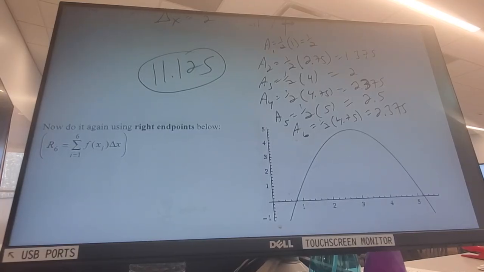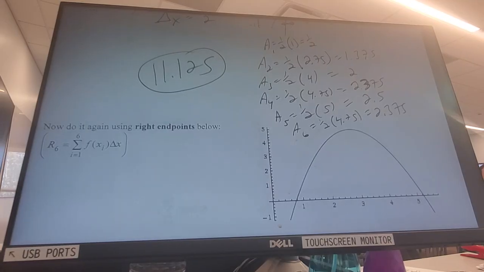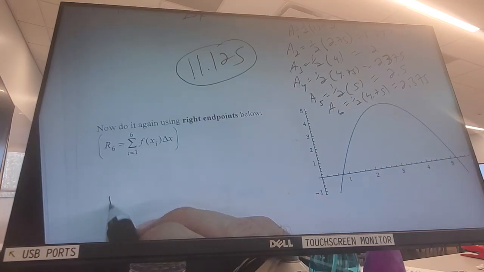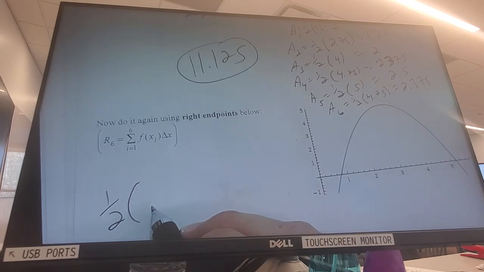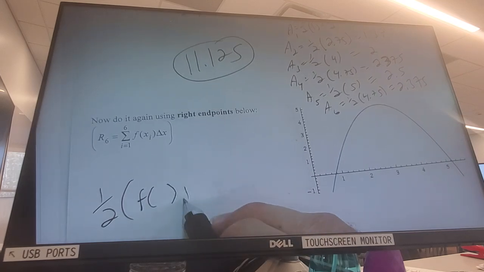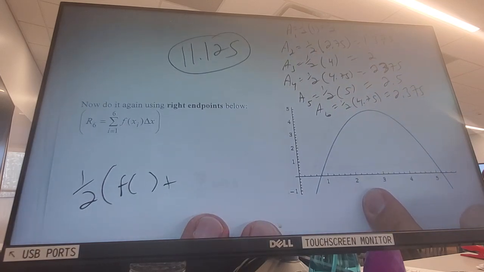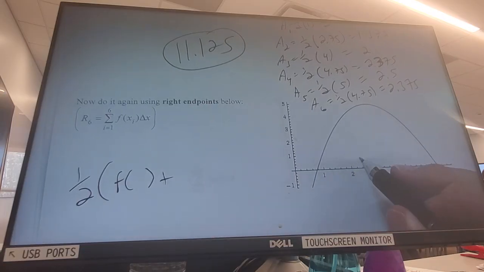Okay. Now, here's a slightly smarter way to do this. I'm multiplying each thing by 1/2. Why don't I just multiply by 1/2 at the end? So one way to make this quicker is to say it's 1/2 times f of whatever plus. So in this case, how am I going to draw in my rectangles?